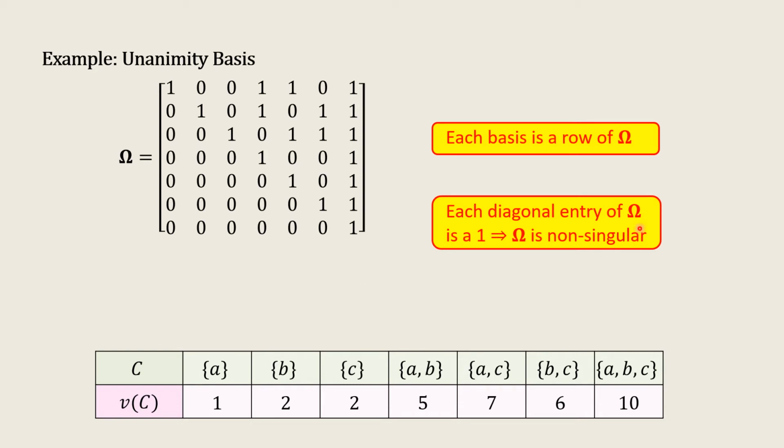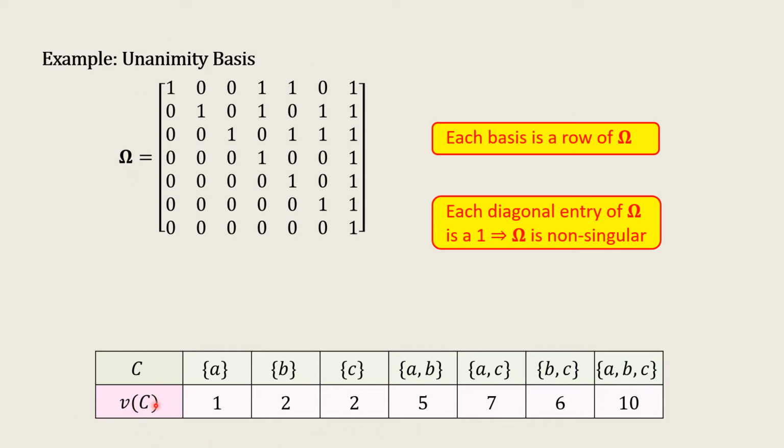And also note that the diagonal elements of omega are all ones. Hence, you know that the product of the eigenvalues would be equal to 1 because this is an upper triangular matrix. Whence we can see that omega is non-singular. In other words, the inverse of omega exists.